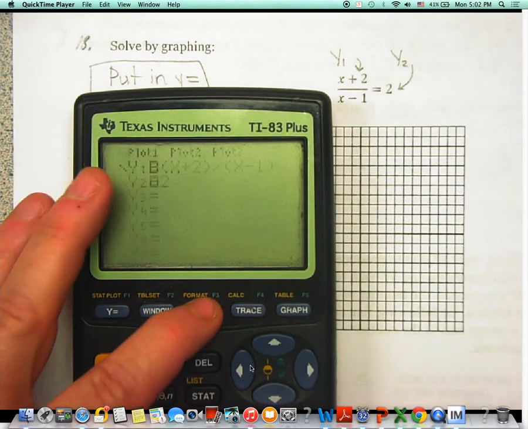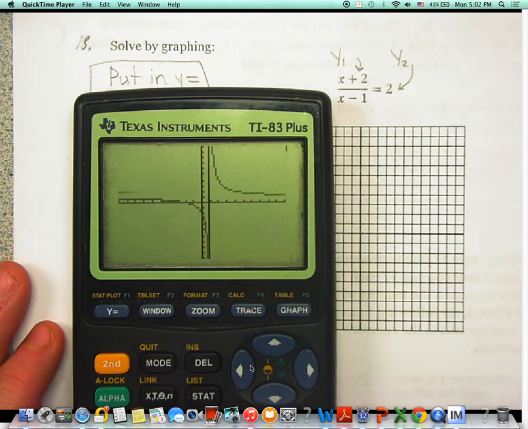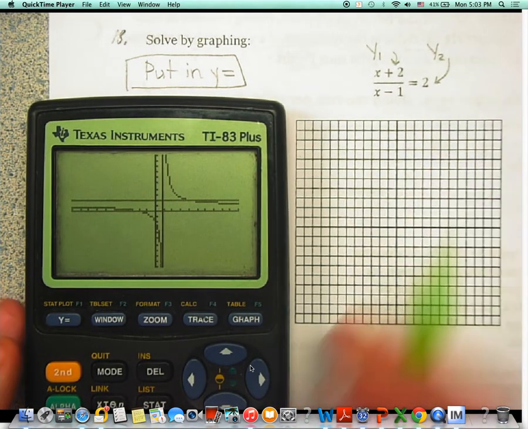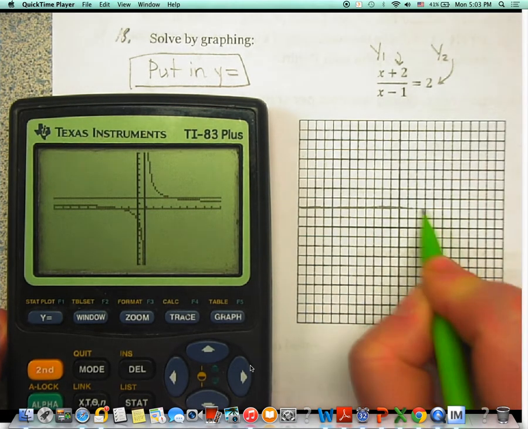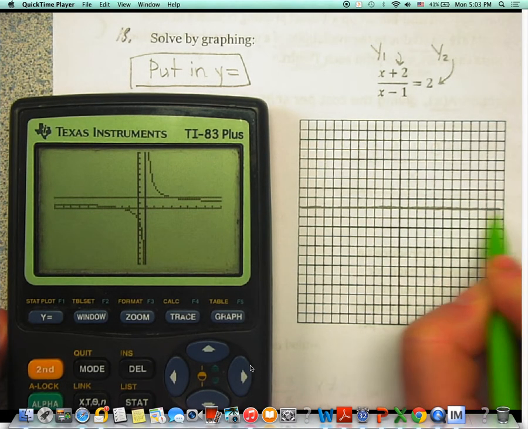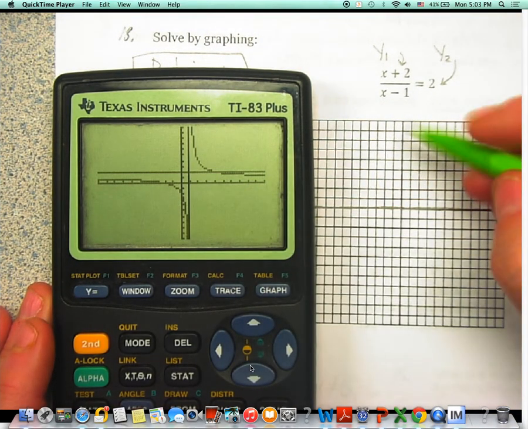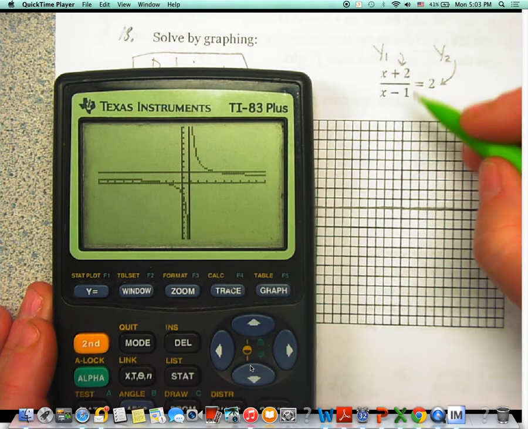So I'm going to do zoom 6. Okay, the line going across at 2 is this part of the equation. So I'm going to sketch a line going across at 2. Okay, and that looks like there's an asymptote around 1, which would make sense, because if you set the denominator equal to 0, you get 1.